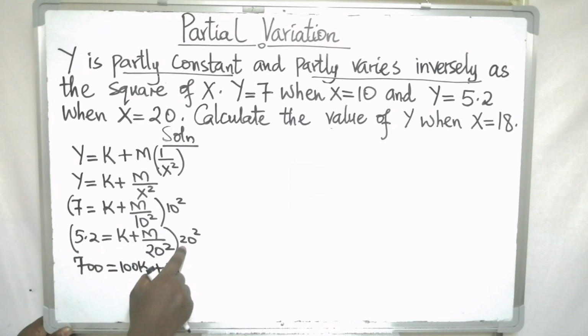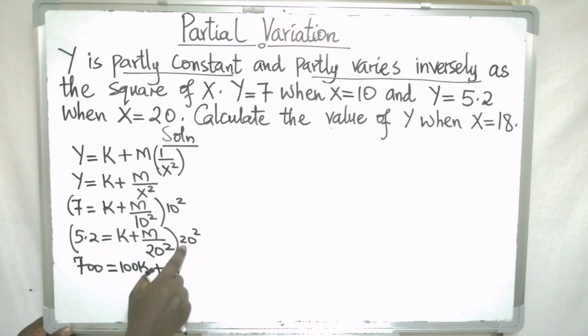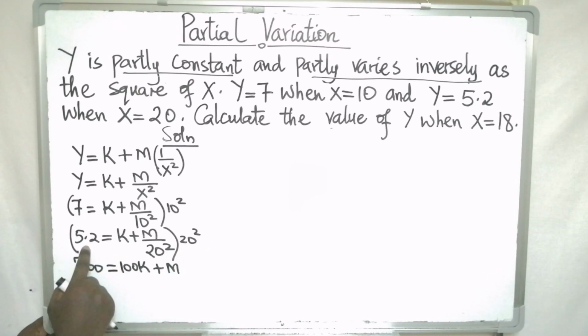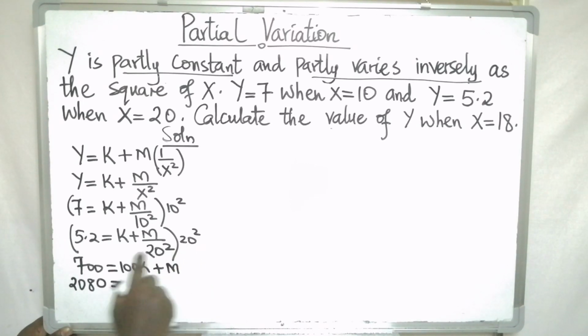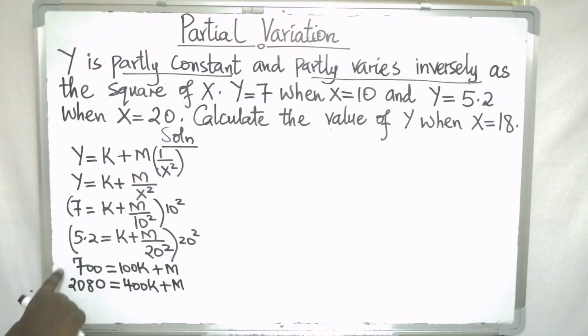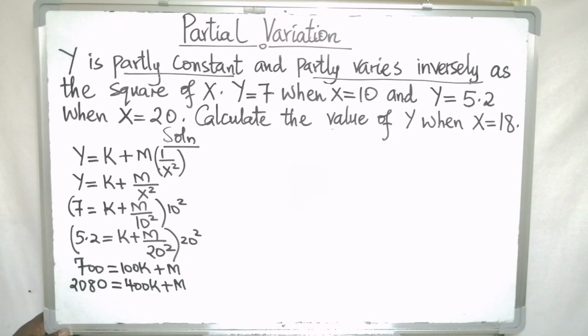Then 20 squared is 400, so 400 times 5.2 will be 2080, is equal to 400k plus 20 squared divided by 20 squared, 1 times m, you get m. Those are the two equations we're going to solve simultaneously to get the value of k and m.